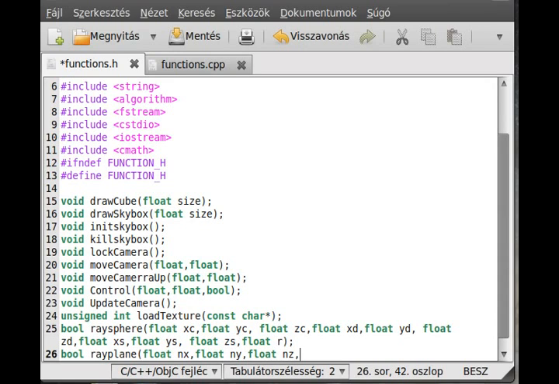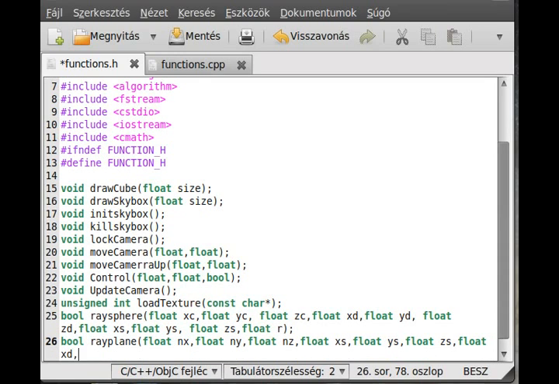We need the start point of the ray, so float xs, float ys, and float zs. Then we need the direction vector of the ray, so float xd, float yd, and float zd. I believe only the points of the quad remain.